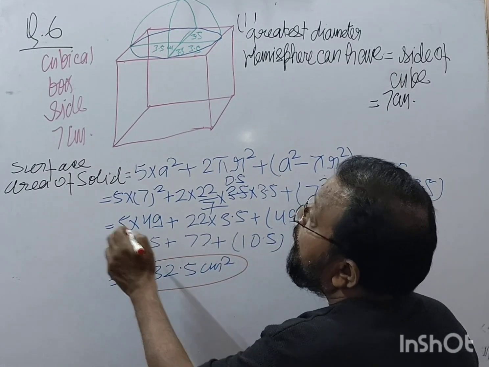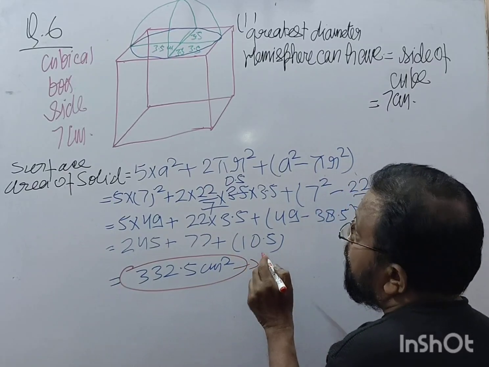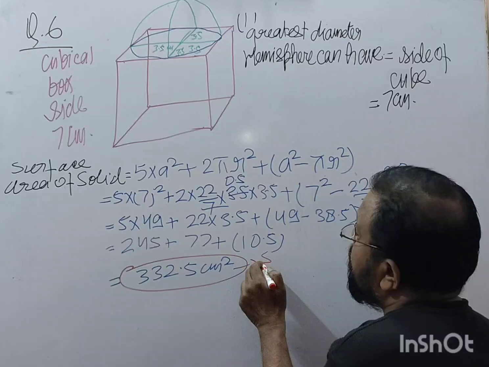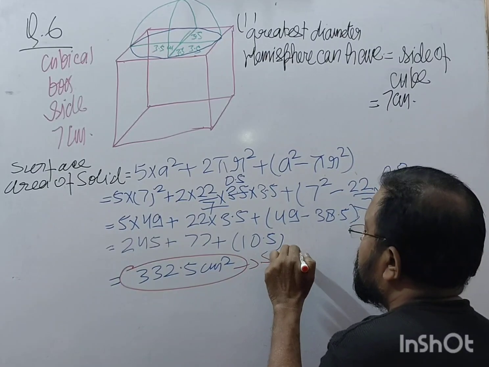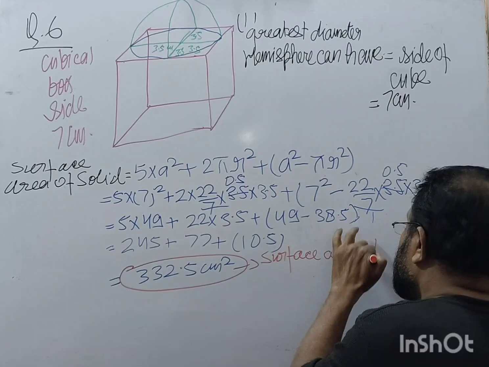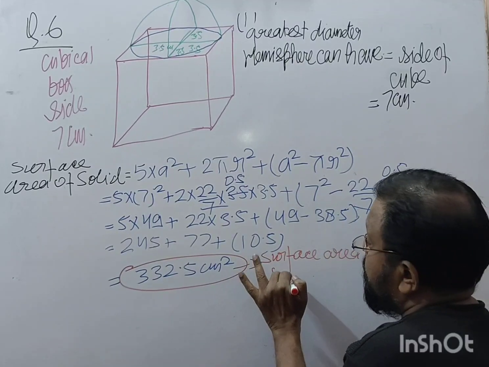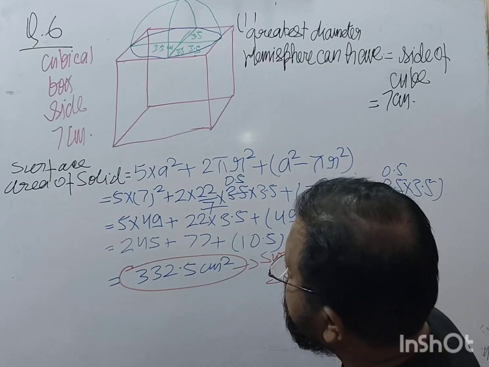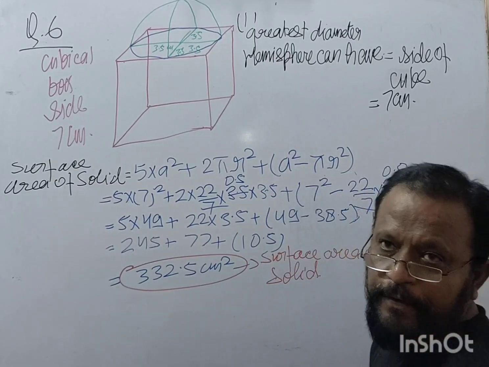This is the surface area of the solid. Now what? Surface area of solid. What else do we have to find?